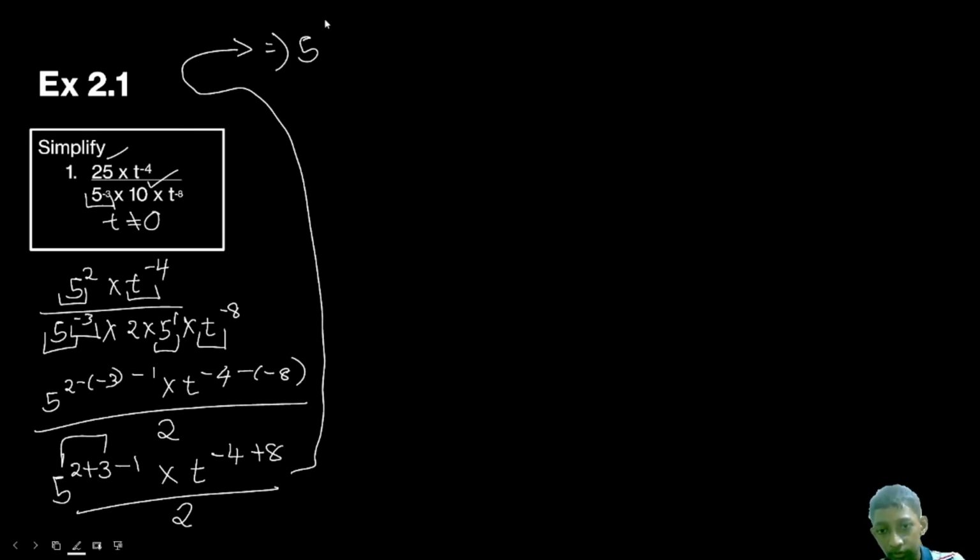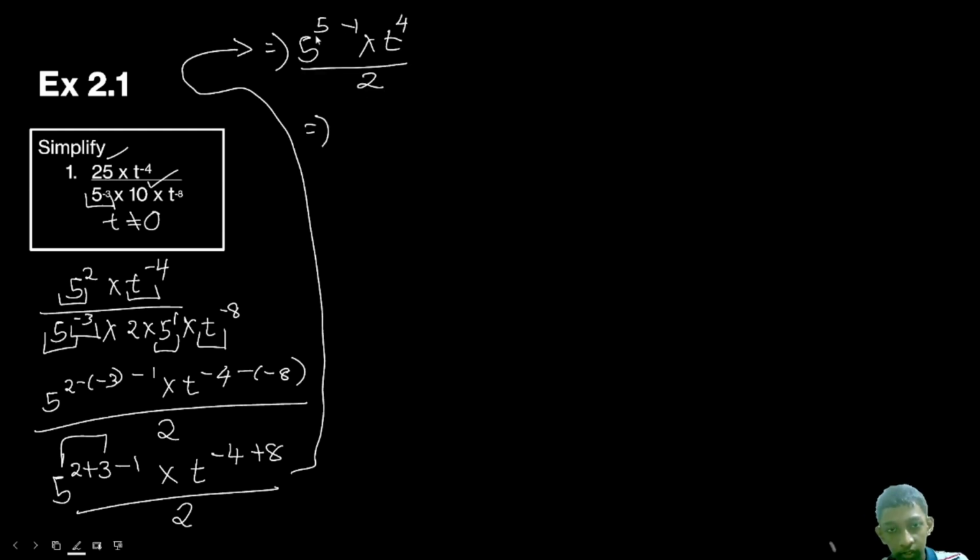So 5 raised to the power of 5 minus 1, into t raised to the power of minus 4 plus 8, which is positive 4, divided by 2.